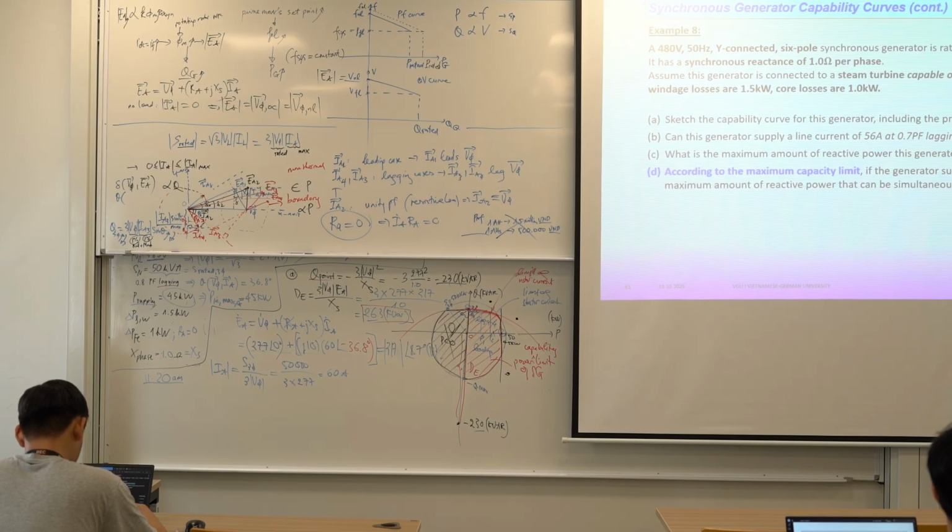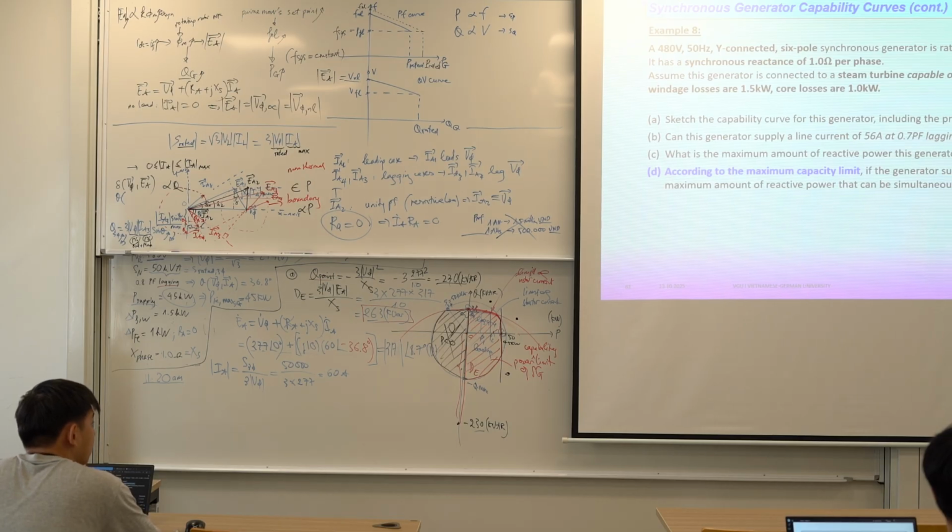Okay, so now modify theta new. Now we have Q new equal to Q max, right? Of course, Q max is 33.